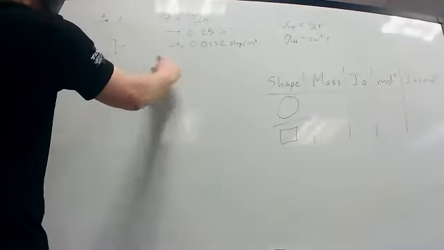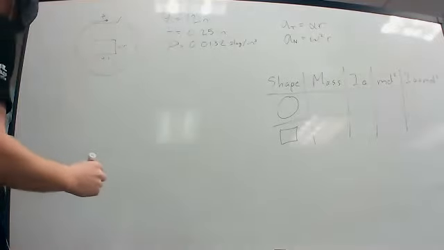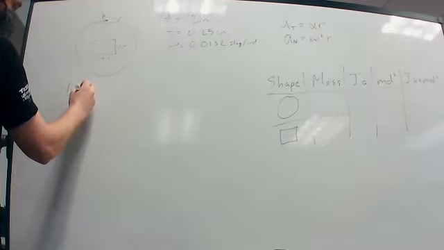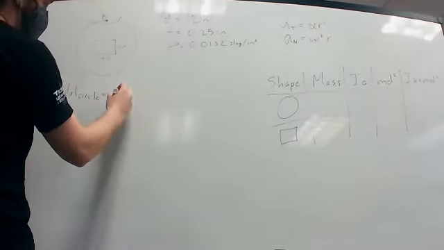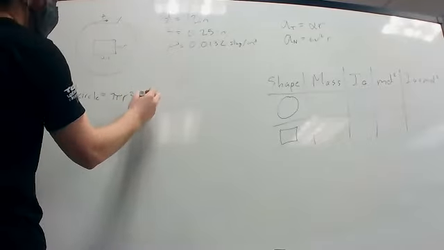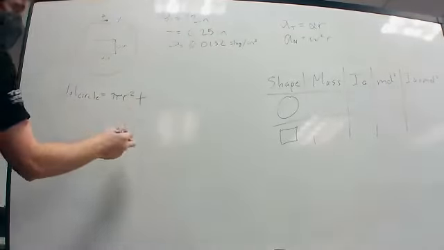So the mass of our circle is going to be calculated using the density and a found volume. The volume of the circle is going to be pi r squared as the area times the thickness. The radius of the circle is half the diameter, 6 inches.